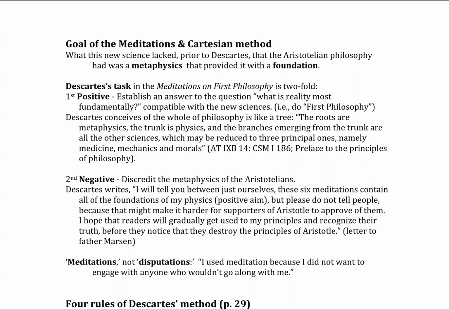So the first thing about the Meditations is just go through and number your paragraphs in the meditation. So I'm going to be referring to paragraphs in the Meditations, where I say in meditation 2, in paragraph 10, Descartes says blah, blah, blah, right?